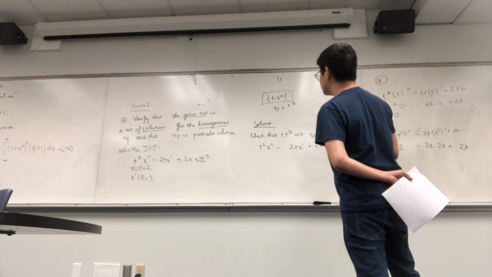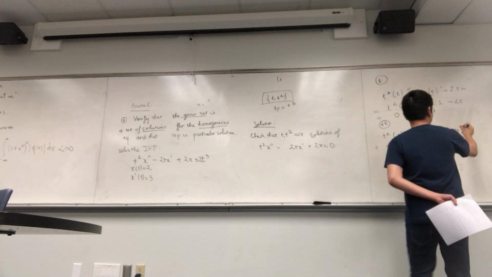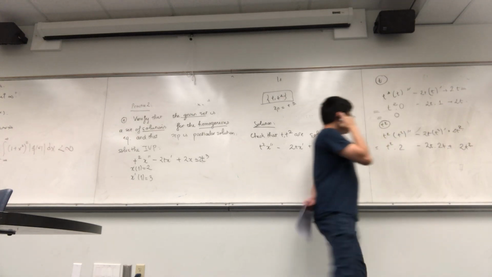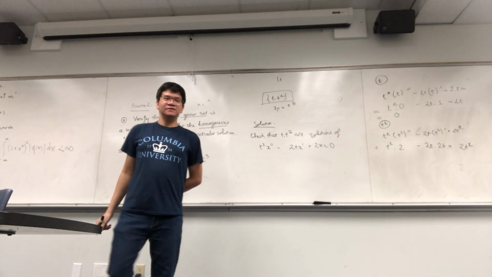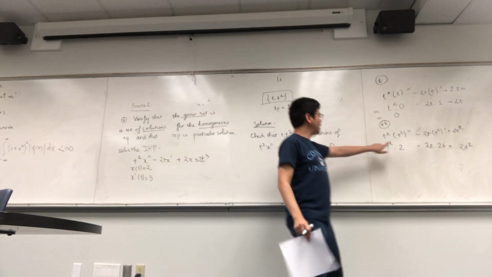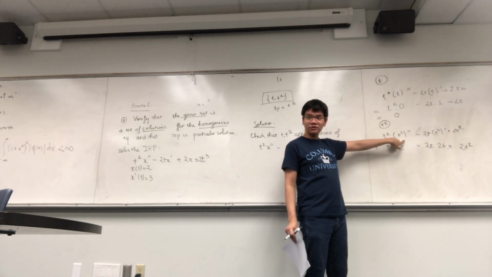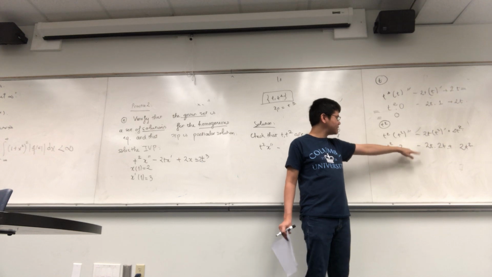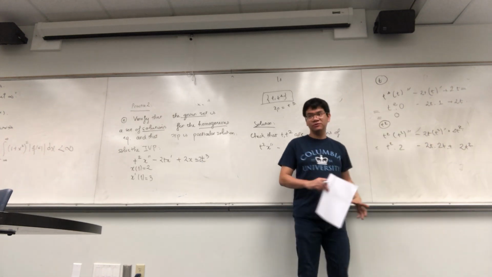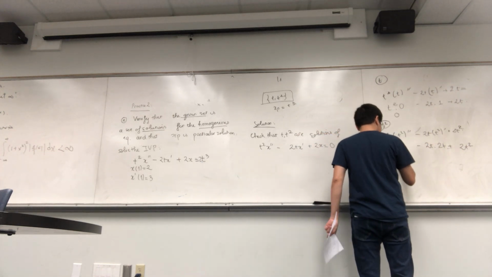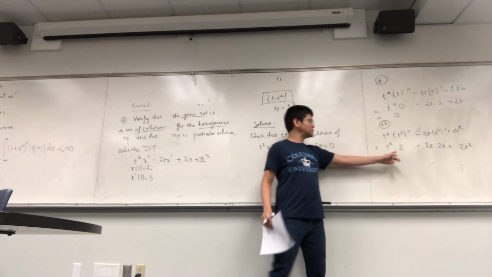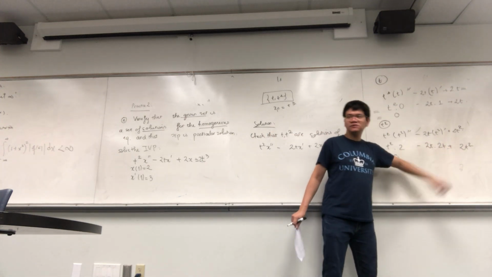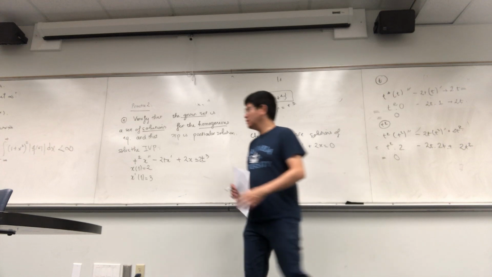Did I make a mistake somewhere? Yes, t squared, sorry. So you plug t squared into the homogeneous equation. The second derivative is 2, the first derivative is 2t. You plug everything in and you get 0, because you have 2t squared minus 4t squared plus 2t squared, and you get 0, right?